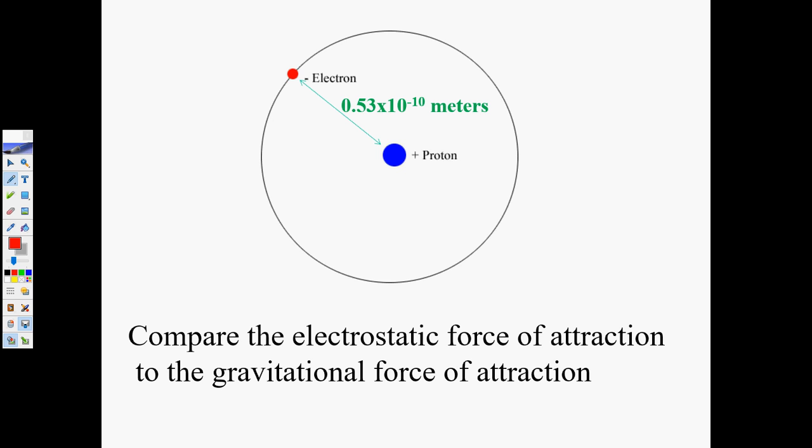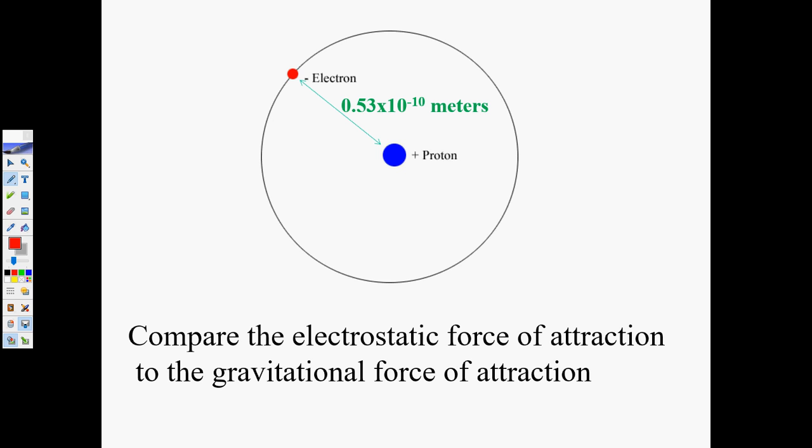So your mission is to calculate the magnitude of both of those. Now, you're going to have to remember the charge of an electron is -1 elementary charge, and the charge of a proton is +1 elementary charge. But when you go to use that formula, guess what you're going to have to convert those elementary charges to?